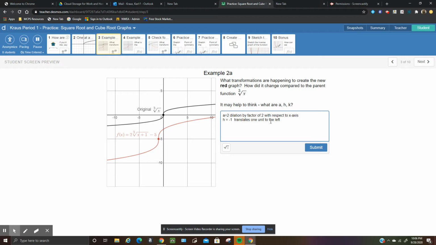So if I have a plus under the radical there, plus 1, that means that H must be negative 1. And then K, I just picked the value off for K. It's negative 5 there. So translates down 5 units.